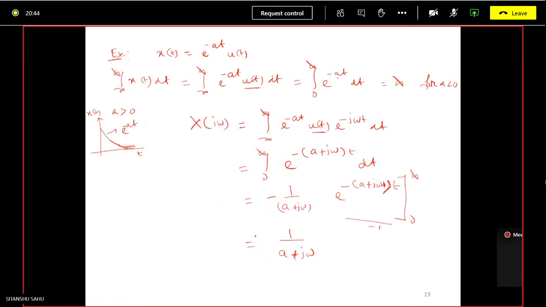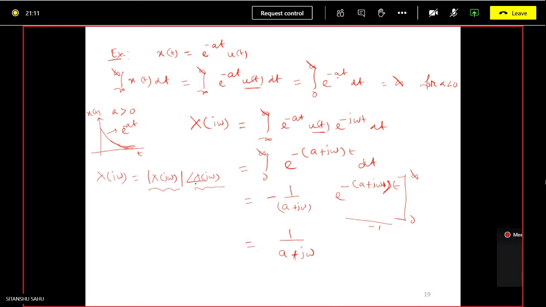Now if you see this x of j omega, I can write it as a magnitude function. X of j omega can be written as magnitude of x of j omega, with angle of x of j omega. This is the magnitude response or spectrum of the signal, and this is the phase spectrum of the signal.